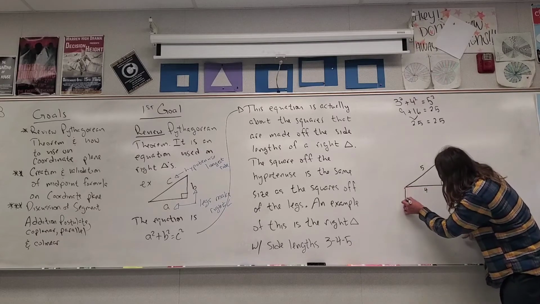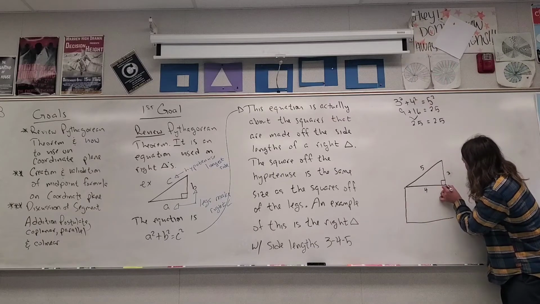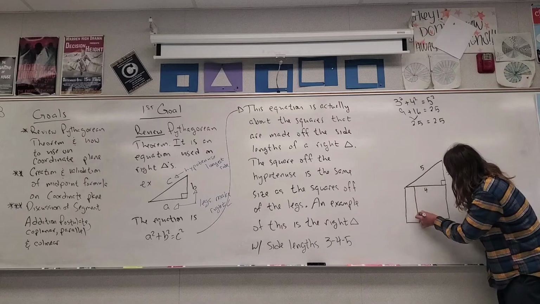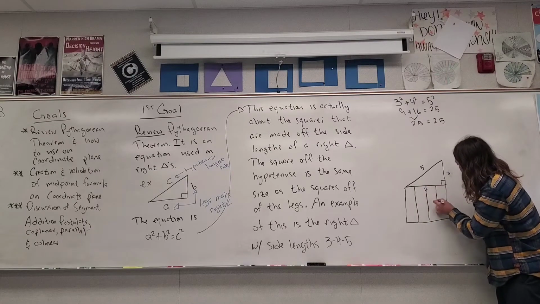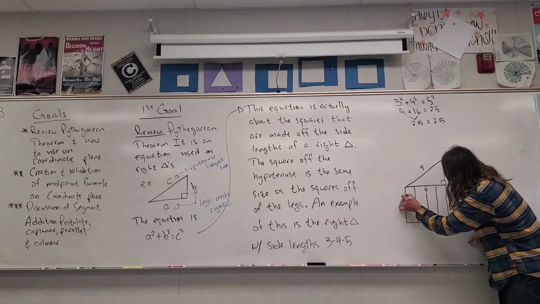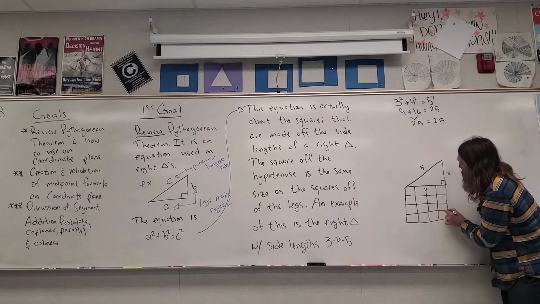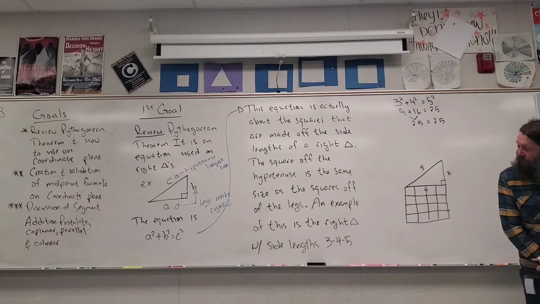So if I drop this down and make it the same length, and come over like this, and I cut this up so it has 4 equal columns and 4 equal rows. This is a square off the side length of 4 that has 16 little squares.